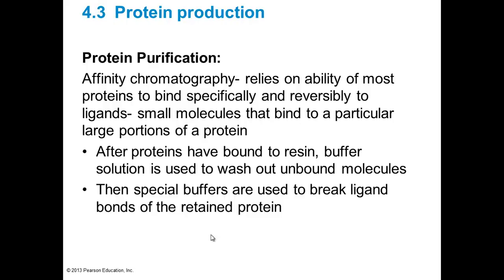And so you coat your beads with these affinity ligands, you put them in the column, and then you flow your protein mixture over the column. And after the proteins have bound to the resin, then you add a special buffer that will wash out anything that's not bound, and then add a final buffer that will break the bond between the ligand and the retained protein, and you can get the retained protein in the second elution fraction.